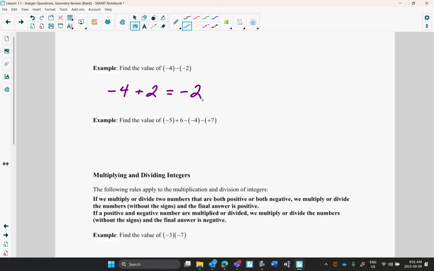Apply the same thinking if you're adding a whole bunch of numbers in parentheses and with two signs beside each other. What would this whole thing look like without parentheses?